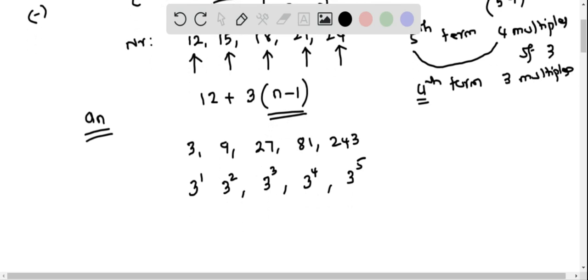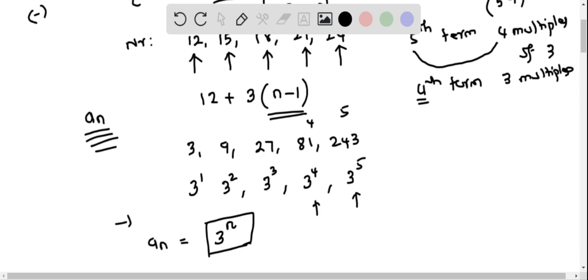So the fifth term is 3 raised to the power of 5. The fourth term is 81, and it is 3 raised to the power of 4. So therefore, we can write this denominator sequence, when we write for a_n, as a_n equals 3 raised to the power of n. So this is the expression for the denominator term.